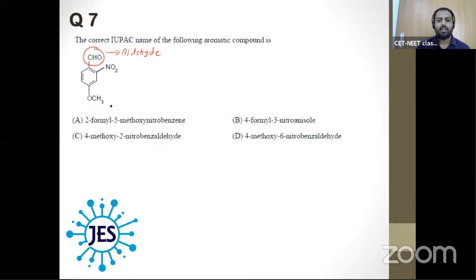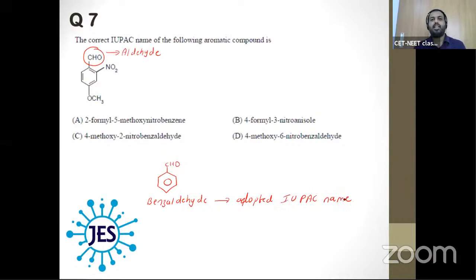For example, this compound here, a benzene ring with an aldehyde functional group, is called benzaldehyde. Common name is benzaldehyde, but that itself is the adopted IUPAC name. There are many aromatic compounds like this. Their common names themselves will be adopted as IUPAC names.